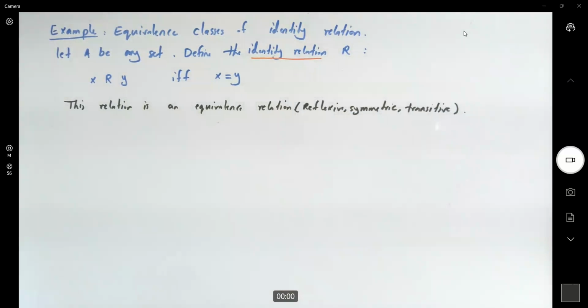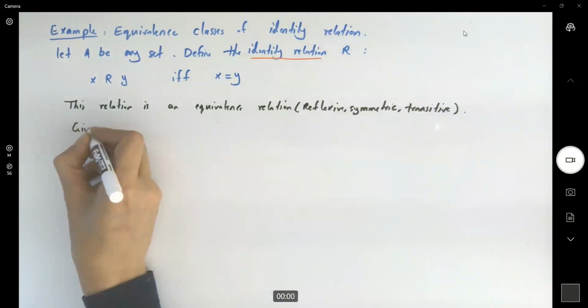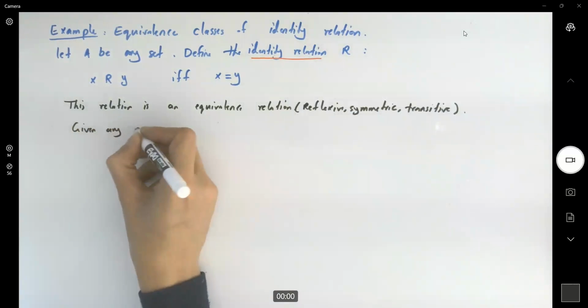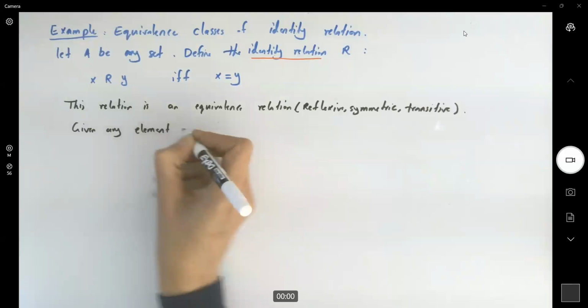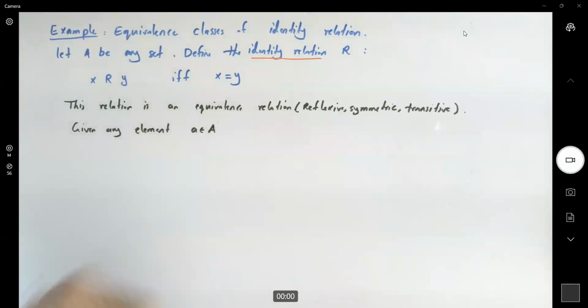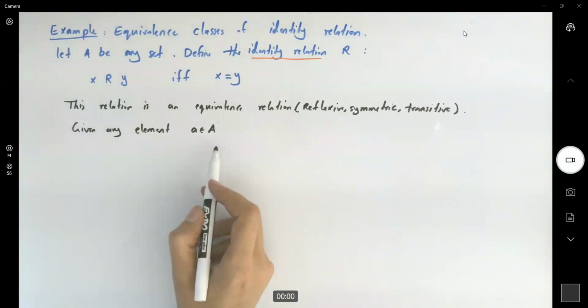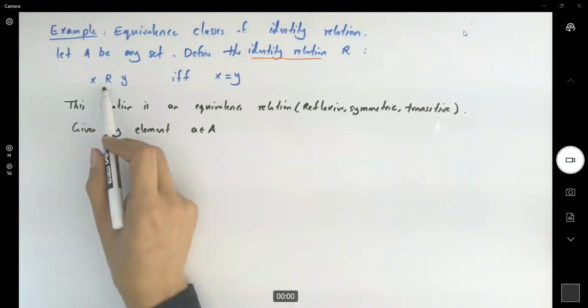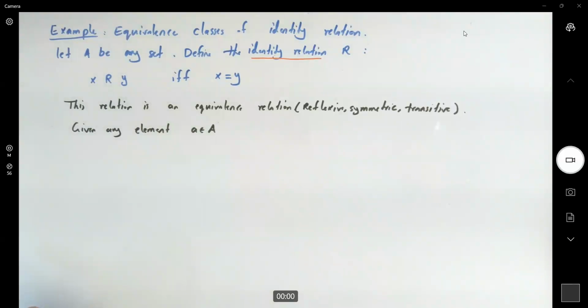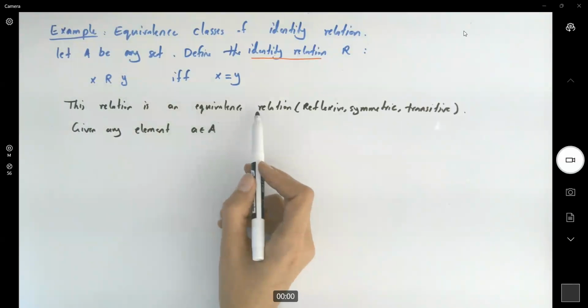Very good. So now, given any element like A in set A, you know that we have a relation, the identity relation, and this is an equivalence relation.